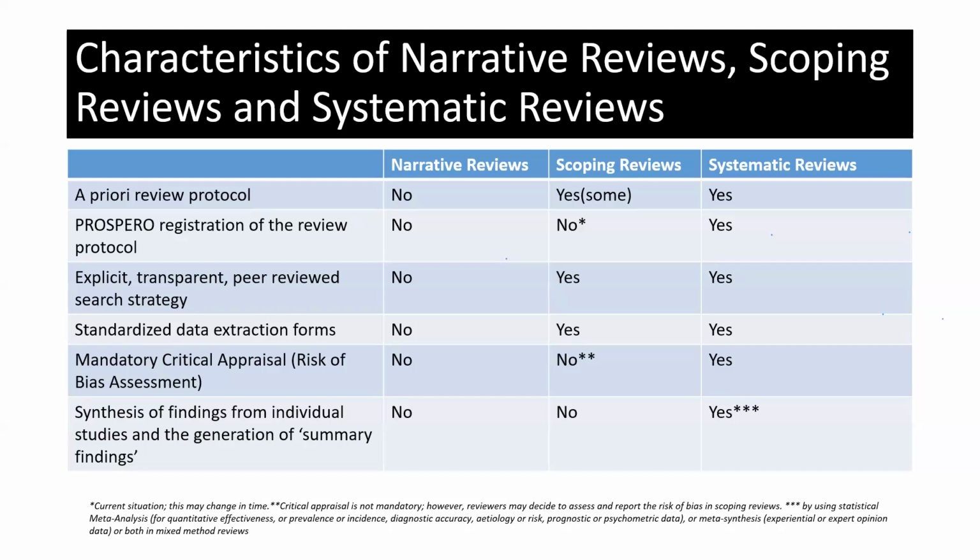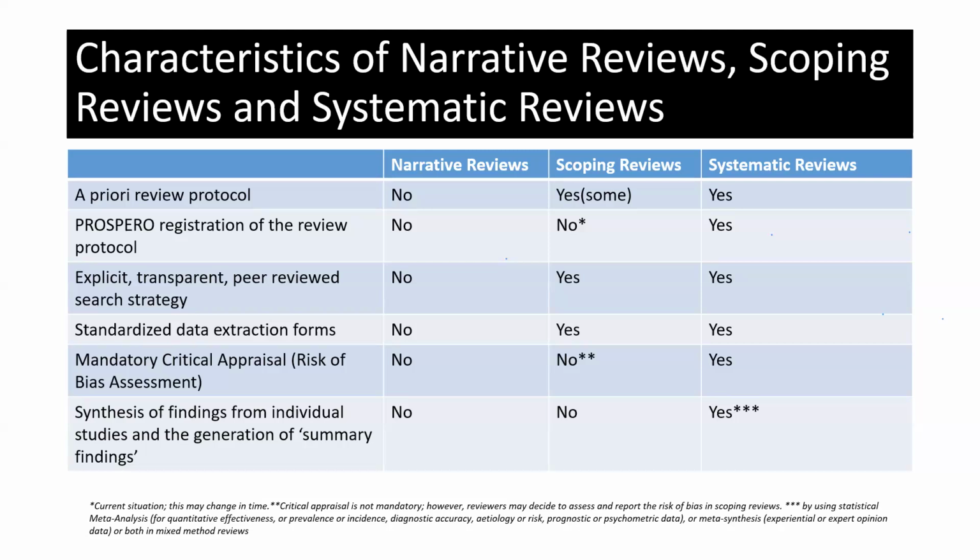So all these studies are published. All these are done with their specific objectives, but the gold standard is, of course, a systematic review. It all depends on which level of evidence you want to produce. If you don't have very high quality studies, or many studies are not done, or studies with different study designs are done, perhaps you try to do a narrative review or scoping review and don't go for the systematic review in some areas.